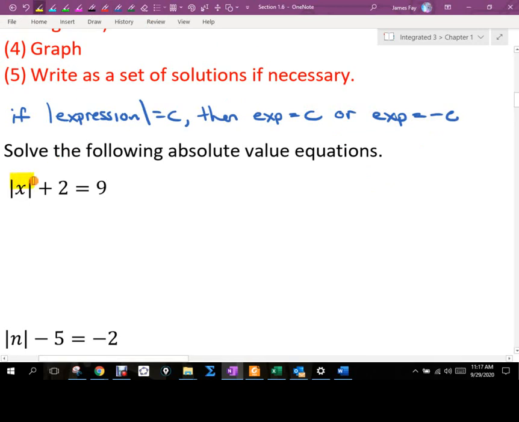So right now, here's my specific question, right? Does that match what is being shown inside my blue rule? Do I have an expression all by itself in absolute value bars on the left-hand side equal to a number on the right-hand side? I don't have that yet, right?